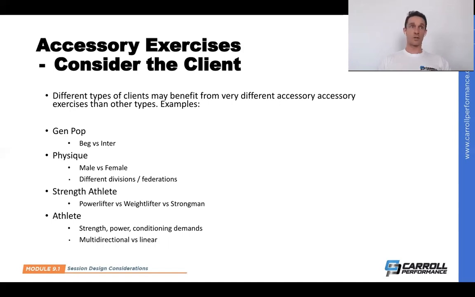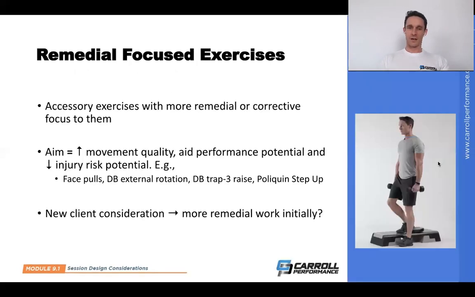So they might be doing a lot more rotational or anti-rotation work, and they might be lunging and stepping at different angles. But does a male classic physique competitor need to be doing Cossack squats going laterally to the side? No, generally no. All right.